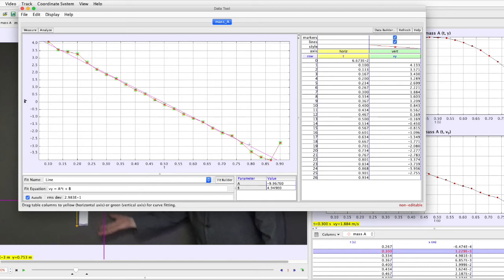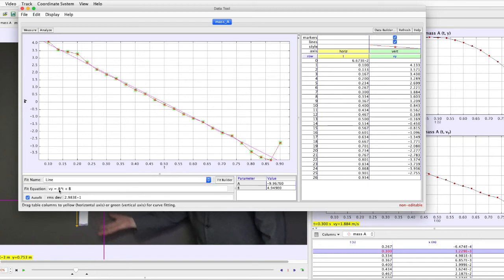Now, since we have that, we can also see the initial velocity. The initial velocity is 4.94 meter per second, as you can see right here. And here you can see the equation that we used.